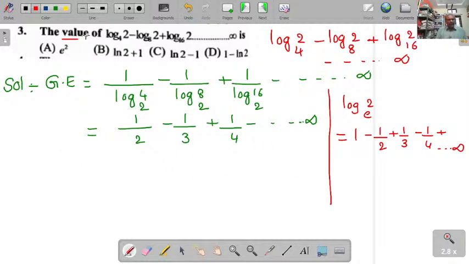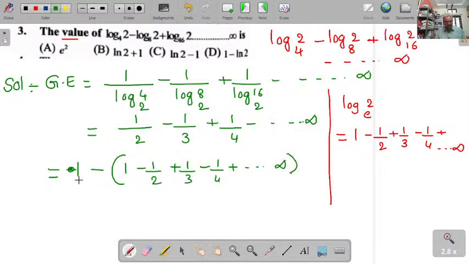So this can be rewritten as 1 minus of 1 minus 1 by 2 plus 1 by 3 minus 1 by 4 and plus, and so on to infinity. See, my dear students, if you just remove the brackets, you will be getting the above same step itself. So now this is being replaced by log 2 base e.